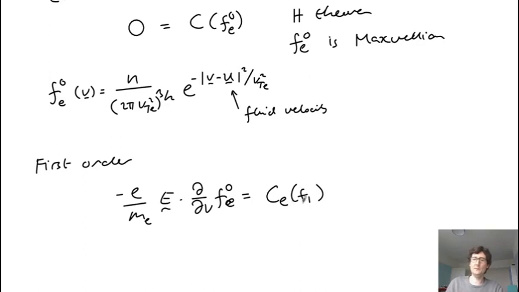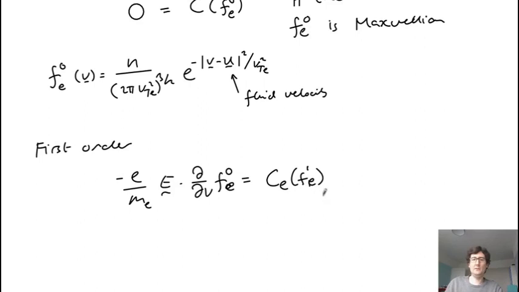And on the right hand side here we have the first order term Fe1. And so now we have an equation for the perturbed distribution function Fe1 in terms of the equilibrium distribution function, which we know is Maxwellian, and the electric field. This is now getting to something that looks like a function of the current.